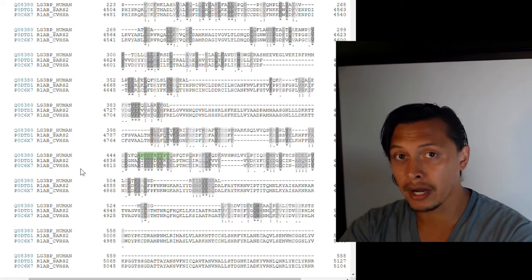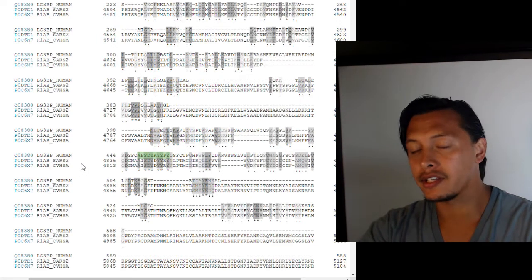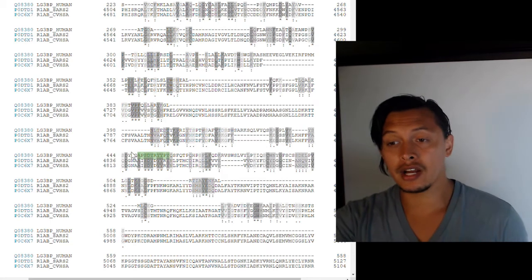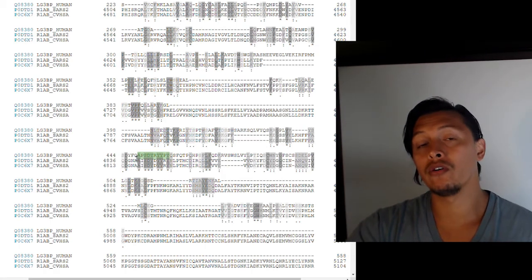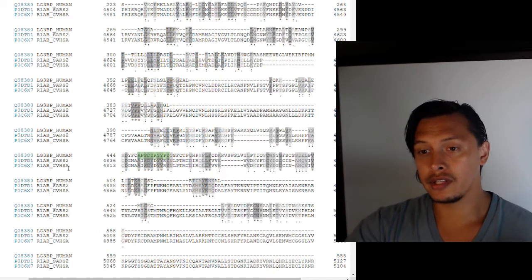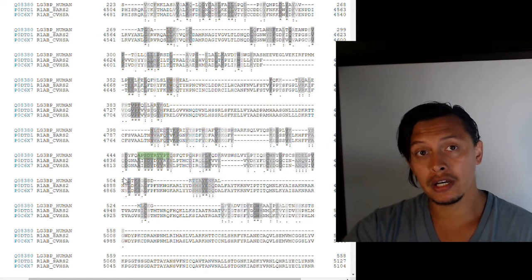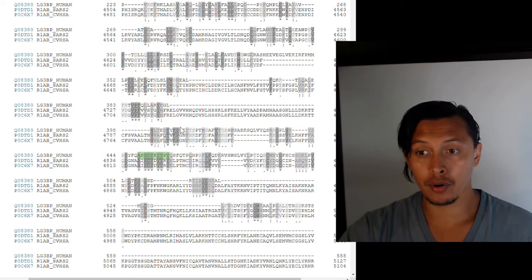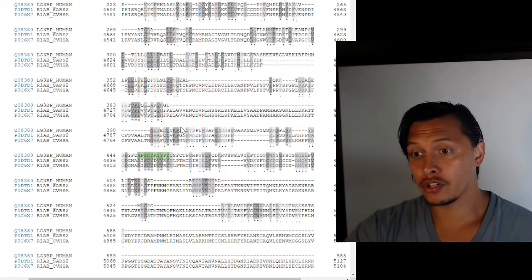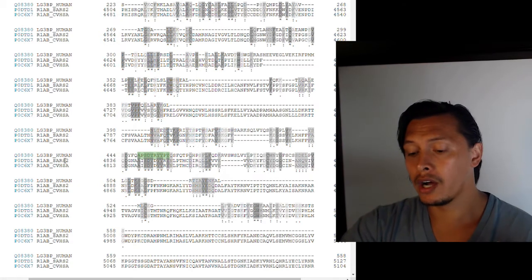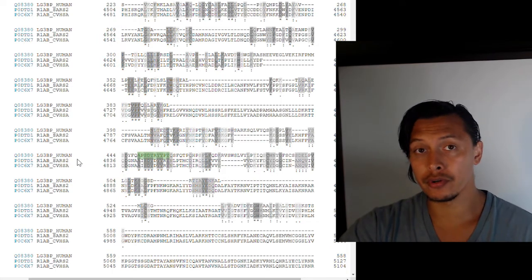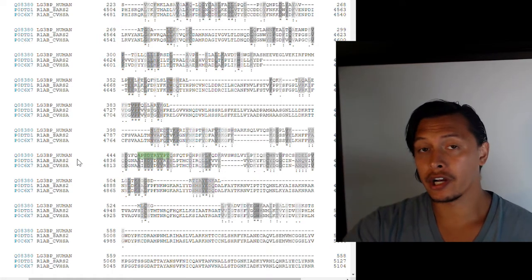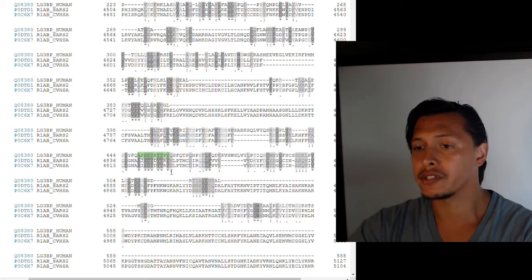This wasn't the spike protein, or if I did say spike protein, that was wrong. This is not the spike proteins of SARS-CoV and SARS-CoV-2. This is the R1AB protein, which is one of the main proteins that gets proteolytically cleaved into the different subunits to produce the RNA-dependent RNA polymerase, and I think a few other proteins as well.